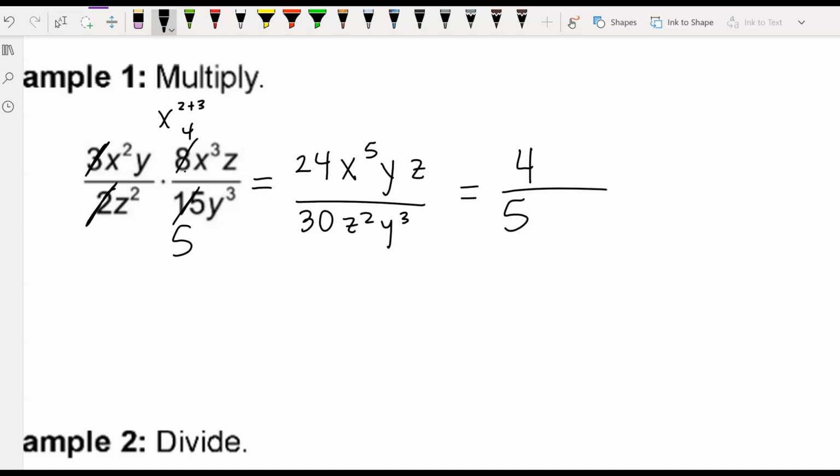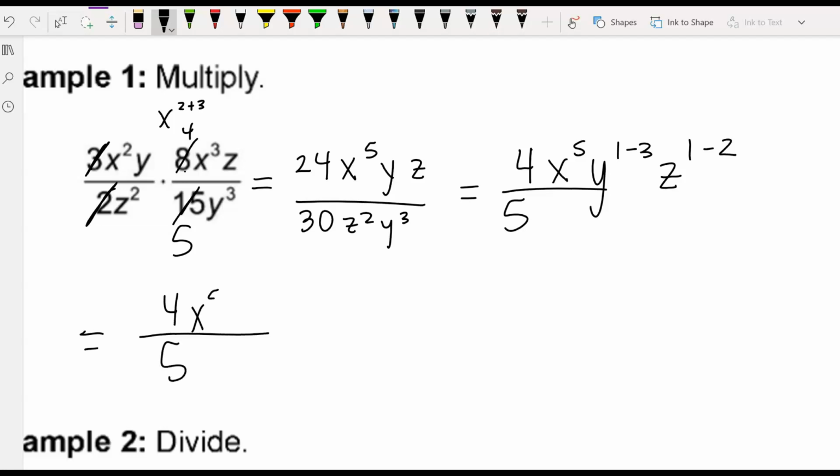All right, we don't have any x's on the bottom, so we're going to leave our x to the 5th here. But we do have y's on top and the bottom. So we have y, 1 minus 3, and then z, 1 minus 2. So we still have our 4 and our 5, and then our x to the fifth. 1 minus 3, that's a -2, and z to the -1.